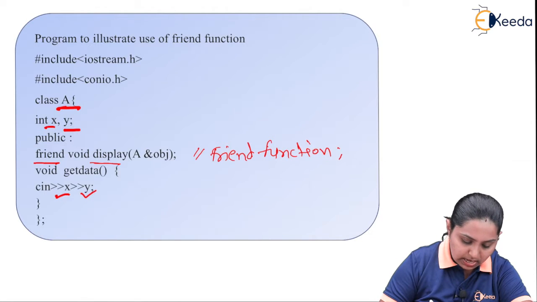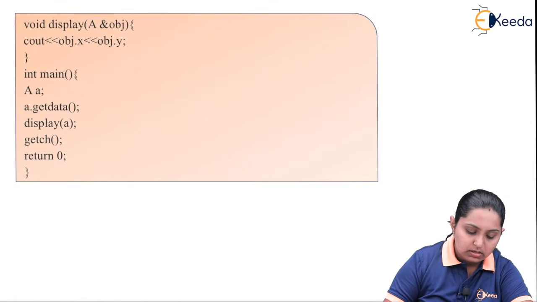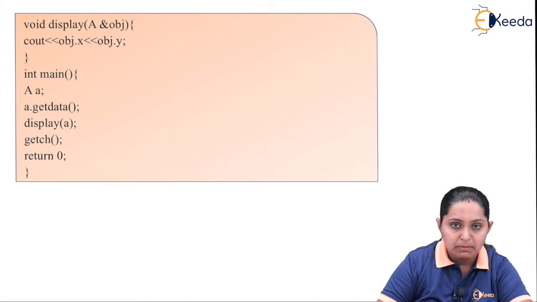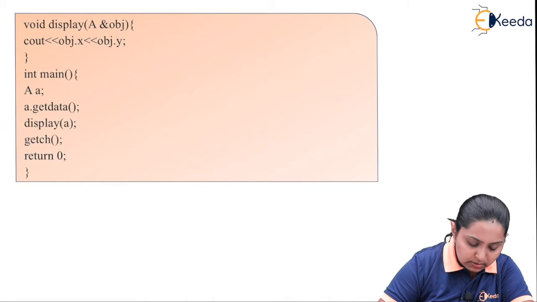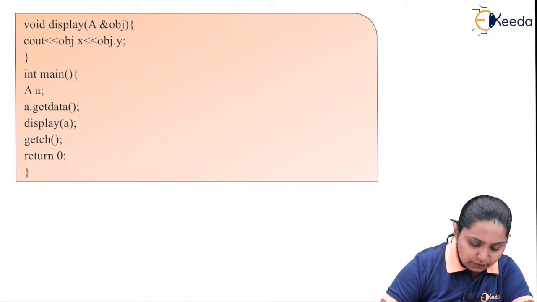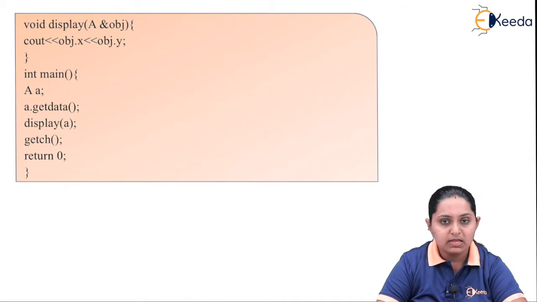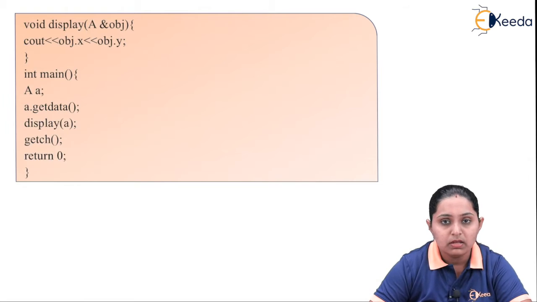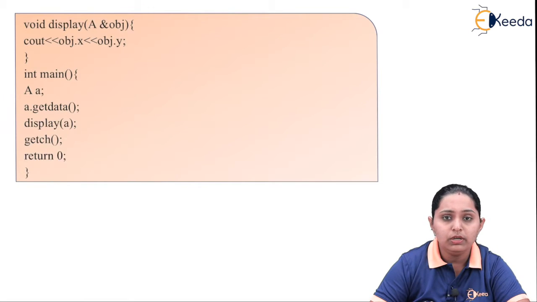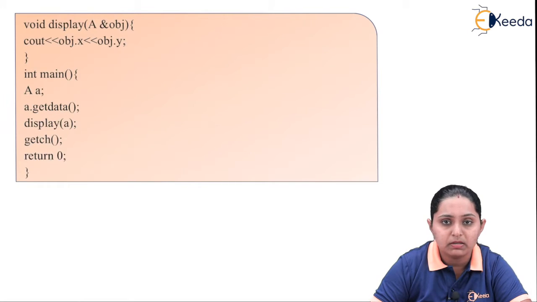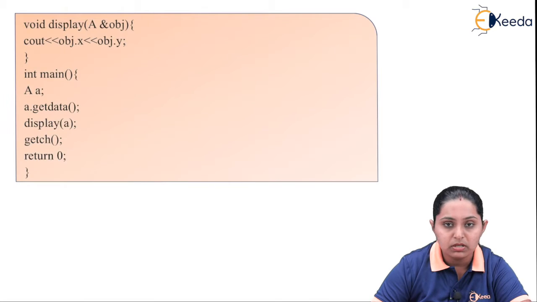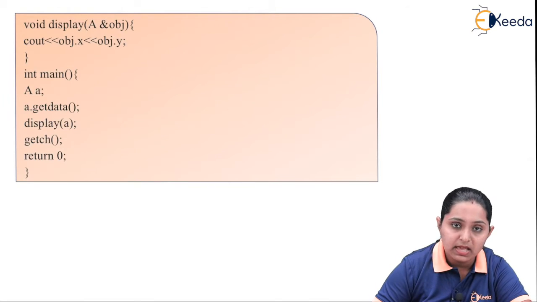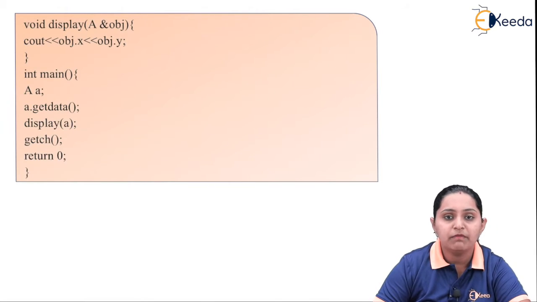After closing the class, we'll see the definition of the method, void display, ampersand obj. Now, this is a friend function, and for that we are not using any scope resolution operator even though we are defining this function outside the class, because this is a friend of the class A and is not a member of the class.